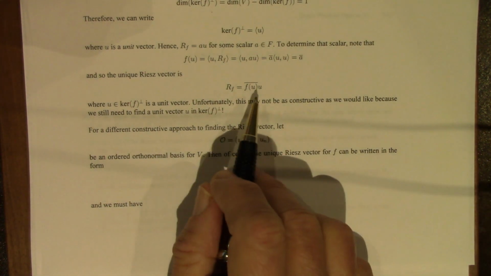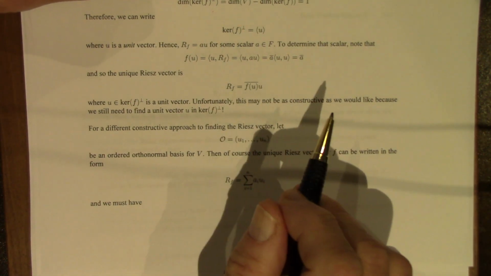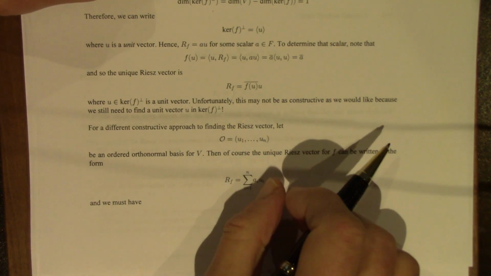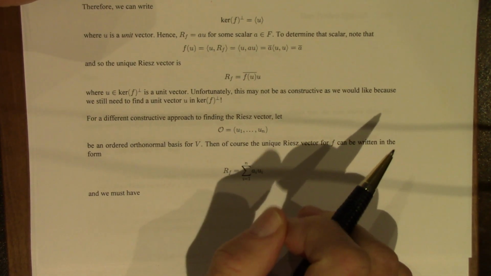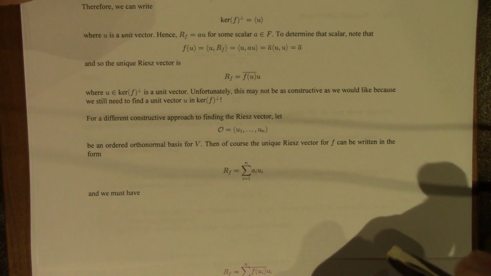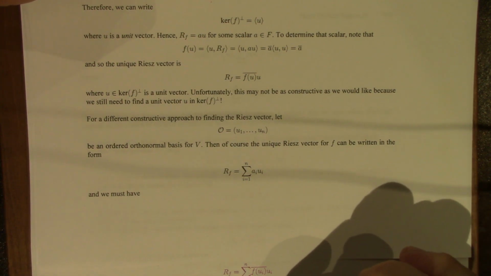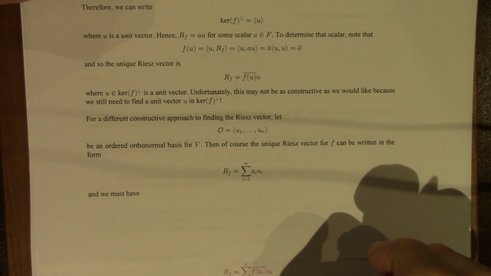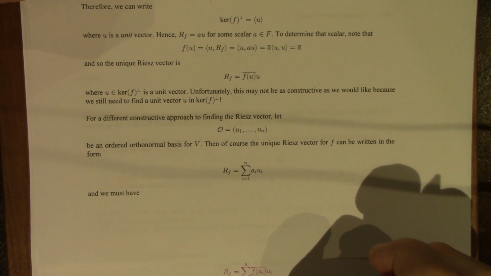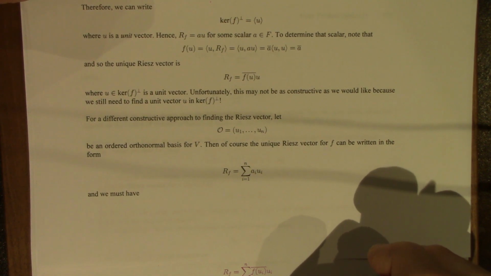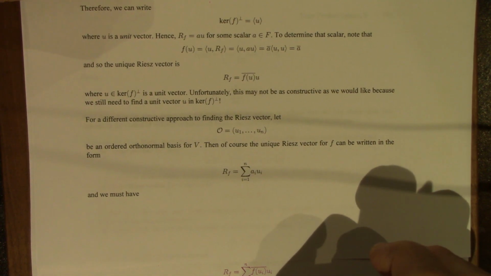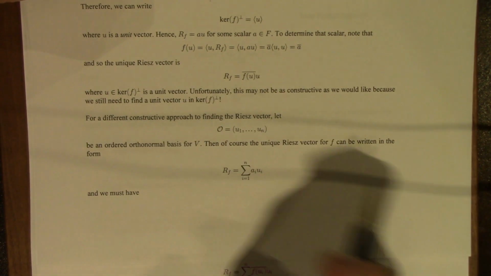Well, at least now we have a formula for the Riesz vector. This may not be as constructive as we'd like, because it does require us to figure out the kernel of f, figure out its orthogonal complement, and that's one-dimensional, so the rest is easy. We just grab any non-zero vector and normalize it.